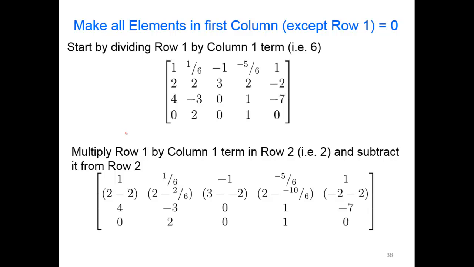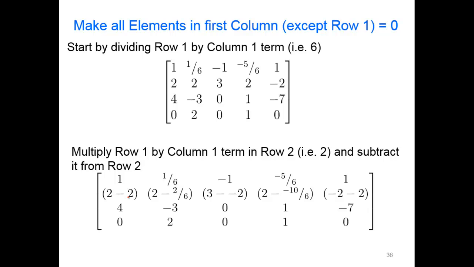To do that, we're going to multiply row 1 by the column 1 term in row 2. That was 2. Then we're going to subtract it from row 2. So we multiply 1 by 2, and 1/6 by 2, and -1 by 2, etc. Then we subtract each of those values from the value right below it.